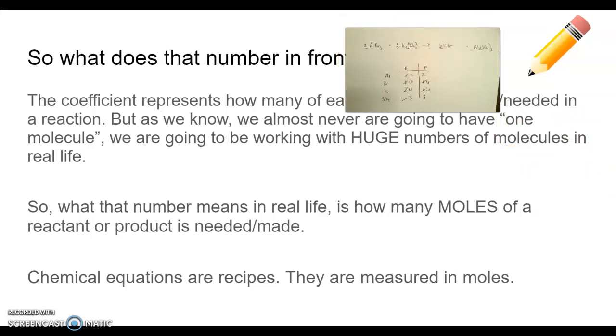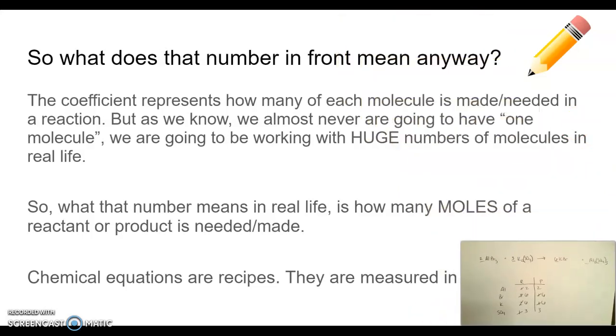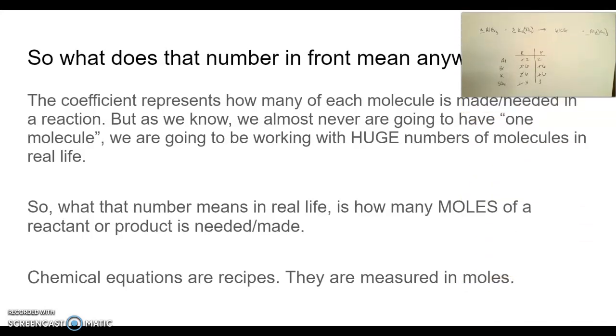And so the deal is that number, I'm going to try and make this go away. No, that worked. The number that is in front, the coefficient, is the number of moles in a reaction. So it's the number of molecules, but it's also the number of moles.